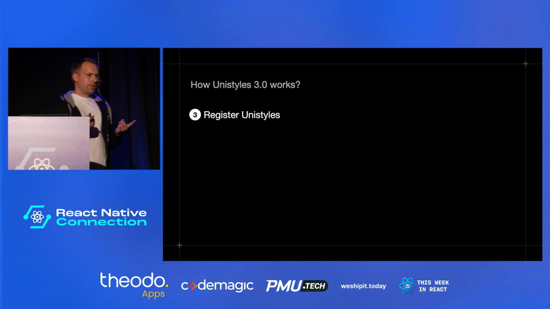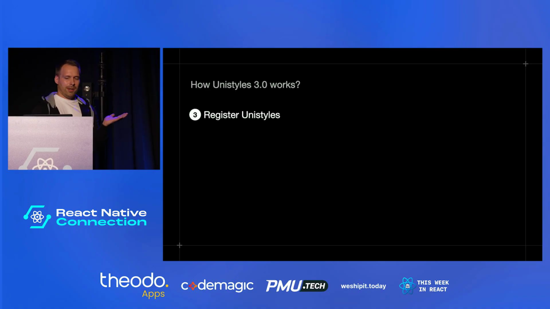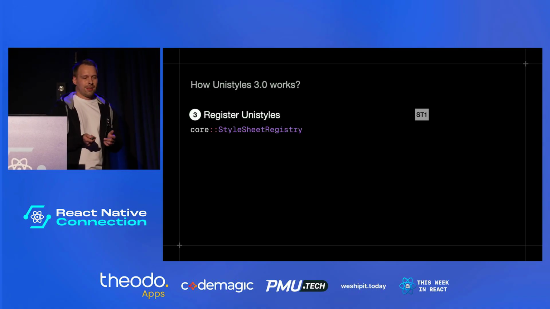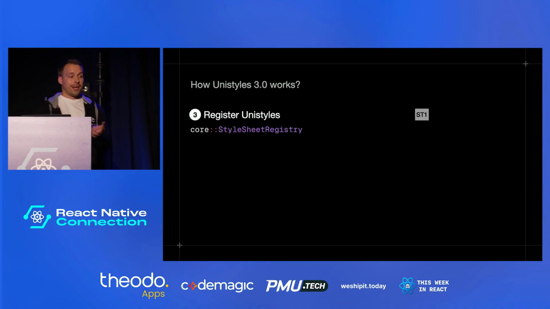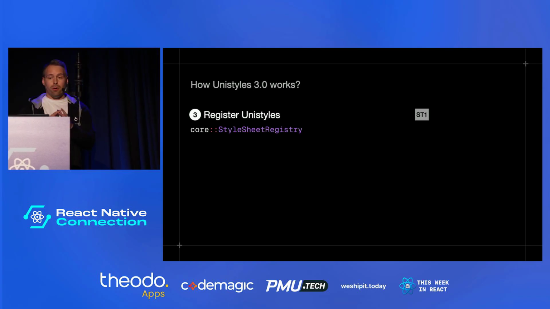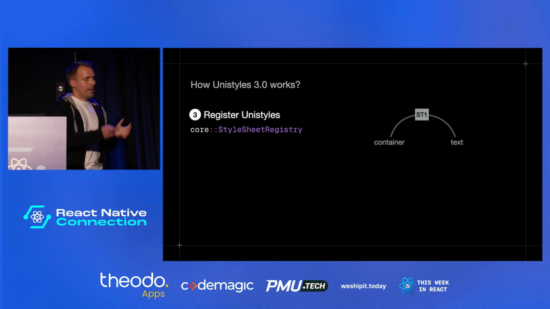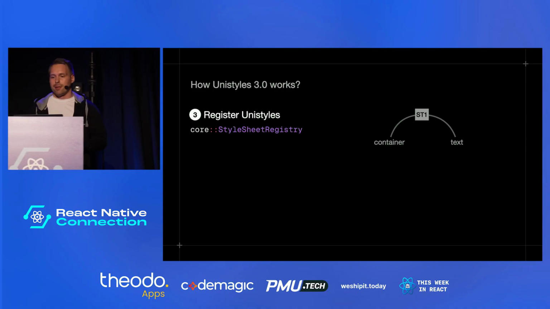Now we need to register Unistyles. But what is Unistyles? Is it the library? Well, Unistyles is a special term in Unistyles 3.0. So again, we have our registry where I hold all your style sheets, and we have our single style sheet that contains two styles, container and text.